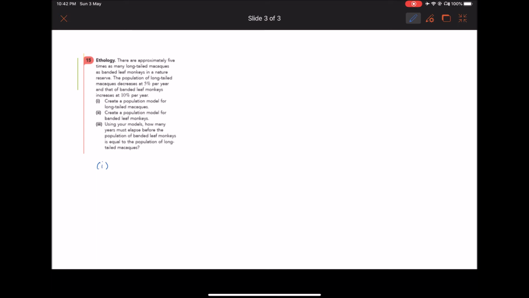So what we're going to write down here is, let the number of banded leaf monkeys be anything. So let's maybe just use k, because k is usually a constant we use, all right? So that would be the number of banded leaf monkeys initially, all right?